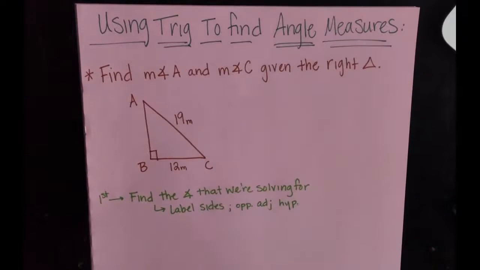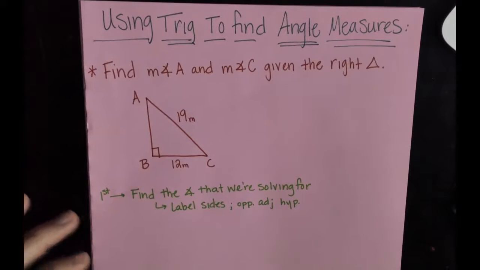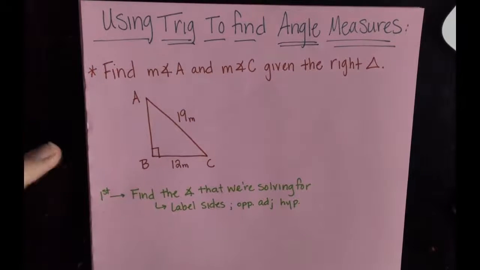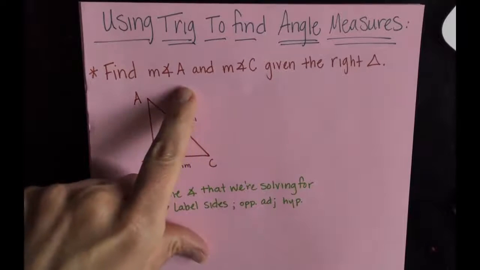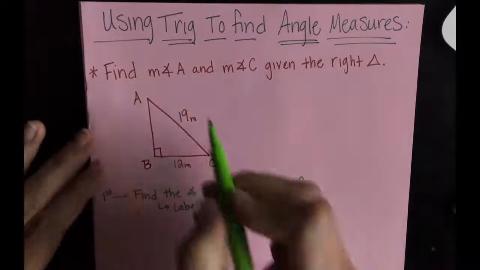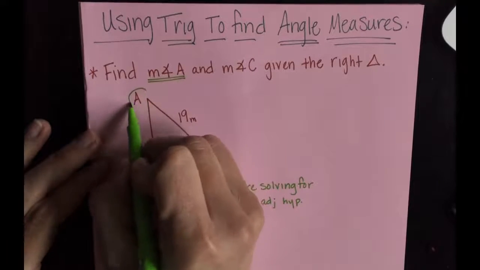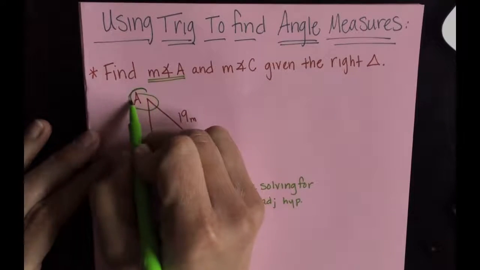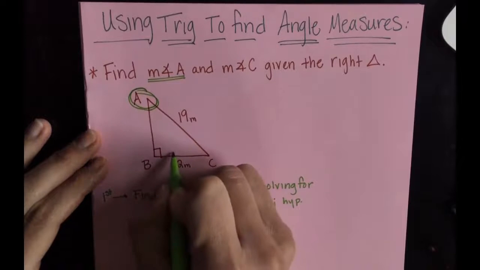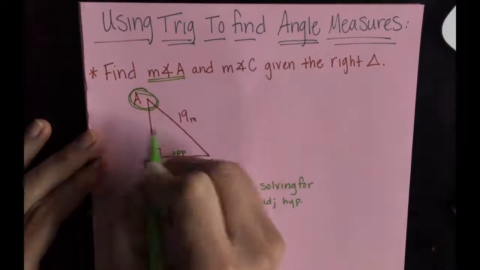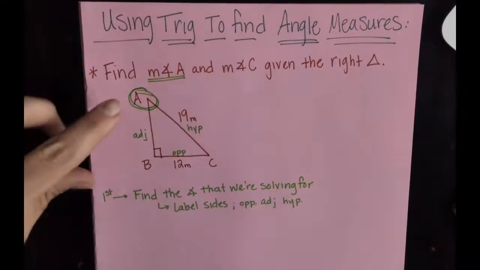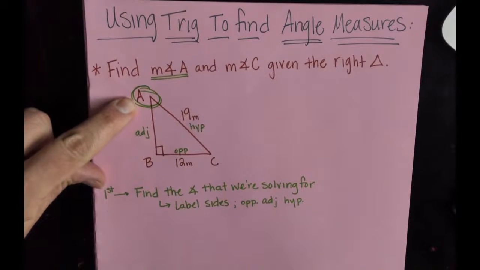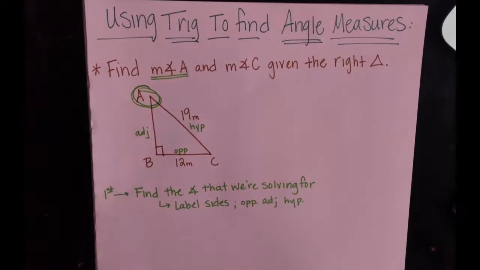Very much like what we did on Monday with finding side lengths, we don't have a reference angle this time because we don't have a value for the angle measure, but we do know we need to figure out what angle A is. That's the first one they told us to. So again, we're going to find our angle and label opposite, adjacent, and hypotenuse, all because of that angle. Everything's in reference to this angle.